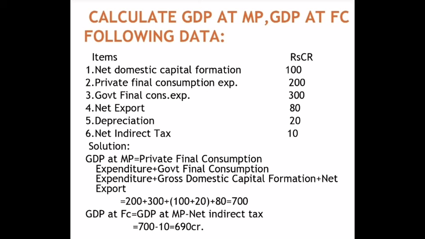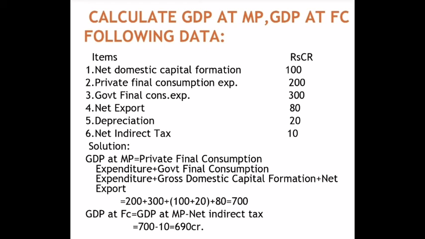We are adding depreciation to get gross investment. Here they provide 100 for net domestic capital formation and 20 for depreciation. So we are adding both, 120, to get the gross value. The G is 300. G means government final consumption expenditure. Then the difference between export and import, that is net export, is equal to 80.